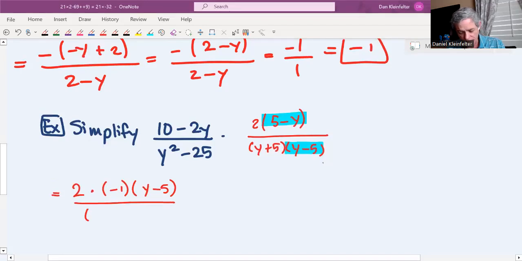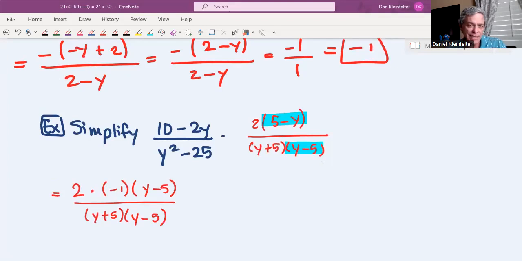Down below, I won't do anything right now. Make sure that you understand that last step because that was the key step to getting this done. Now the two y minus 5s are going to divide out. And so we'll be left with negative 2 in the numerator and y plus 5 in the denominator.